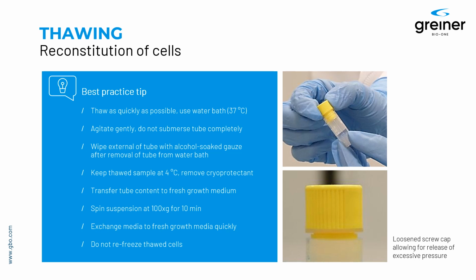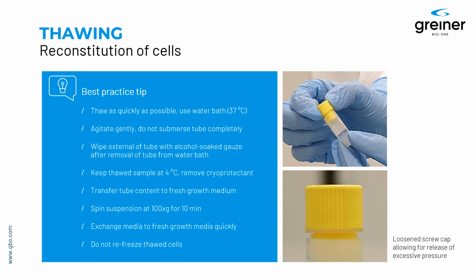You should quickly spin at around 100 G for 10 minutes. Exchange your media to fresh growth media. Do this very quickly. And you should also avoid any refreezing of thawed cells, which actually also applies for non-cellular sample specimens, because this usually kills cell viability, or it kills biomarkers in your serum or whatever type of sample you have.